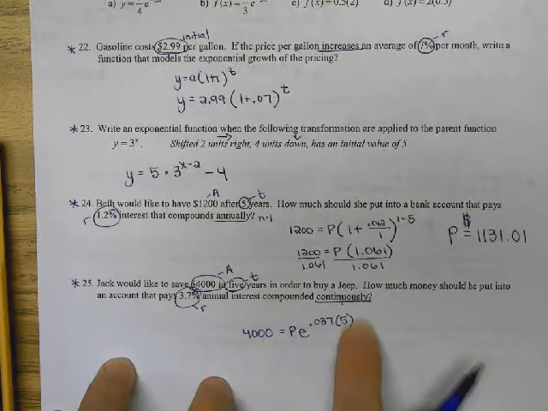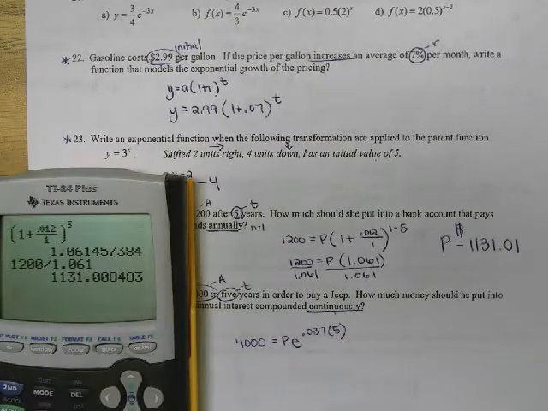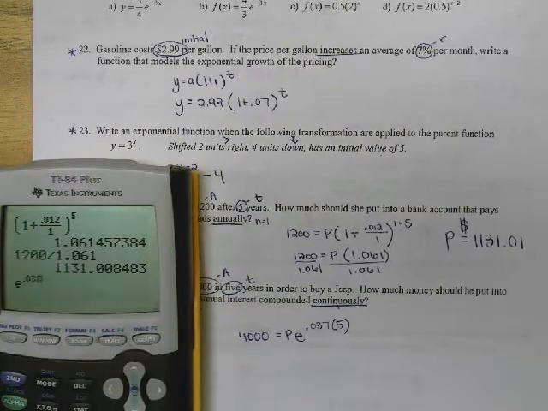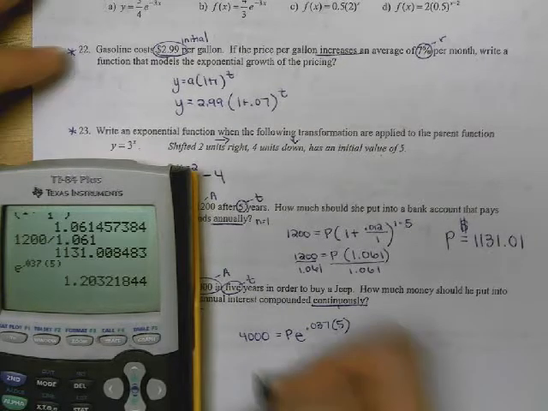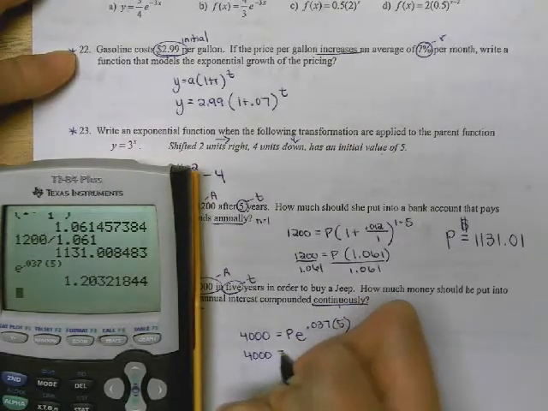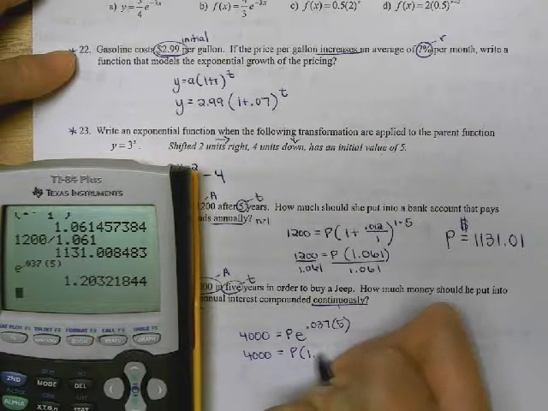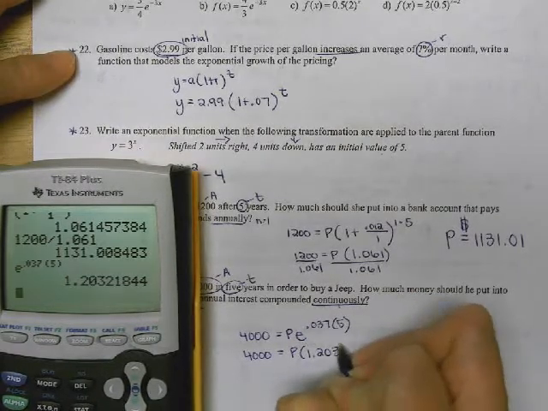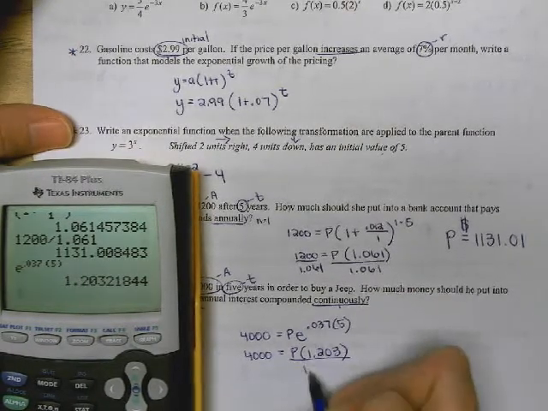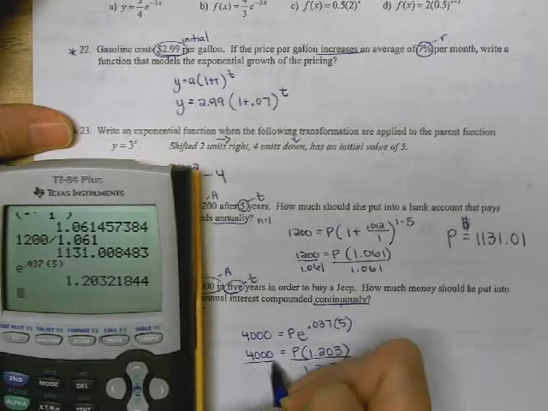So again, I'm just going to do this portion in my calculator. So I have e to the 0.037 times 5. So 4,000 equals P times 1.203. And now to get P by itself, I'm going to divide both sides.